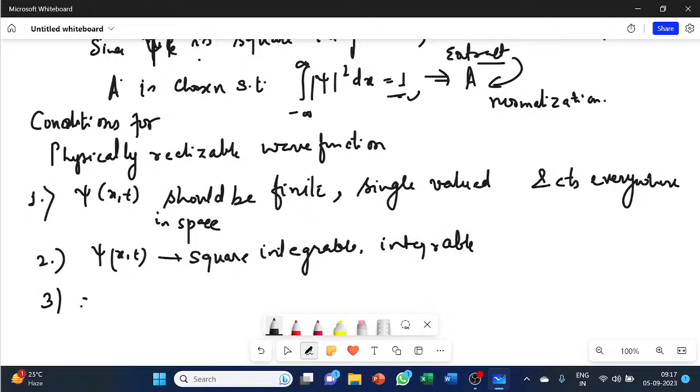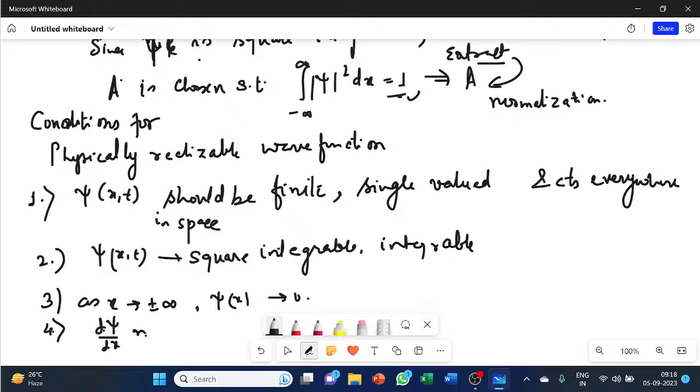Another thing is that as x tends to plus minus infinity, your psi(x) must go towards 0. And the fourth one is you cannot say anything about d psi by dx.